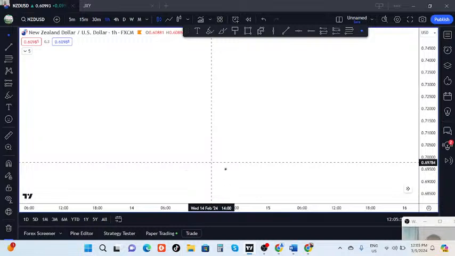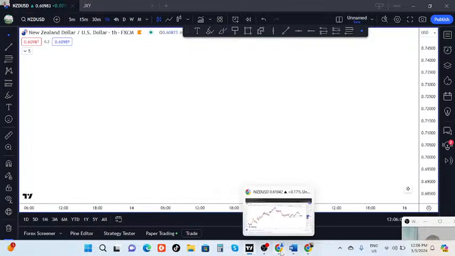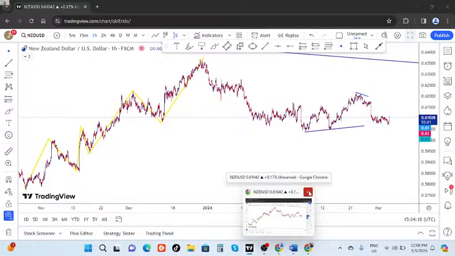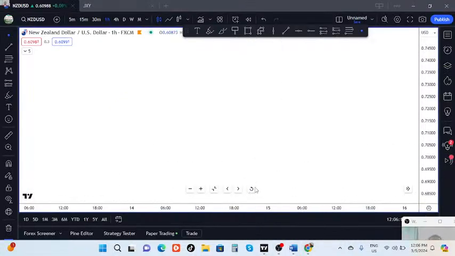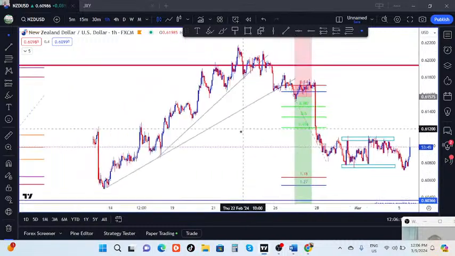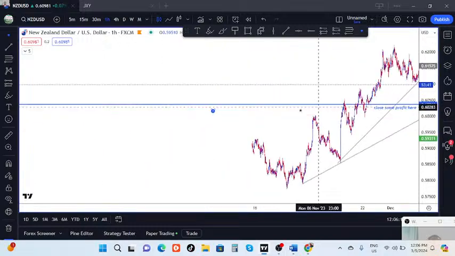My internet is driving me crazy right now. Let me see if I can close some of the windows. Let's go all the way back in time and find the chart.